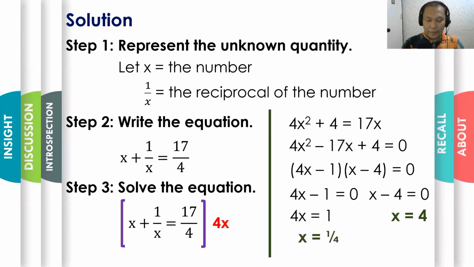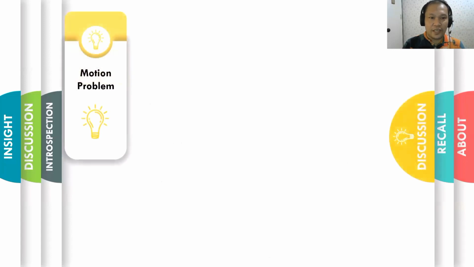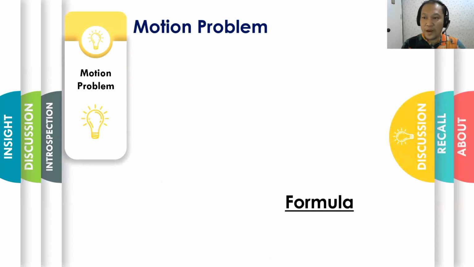Okay, another problem where we are going to apply the concept of rational function is all about problems involving motion. Now, in motion problems, there are formulas that we are going to utilize. One of which is the concept of speed, which is equal to distance divided by time.